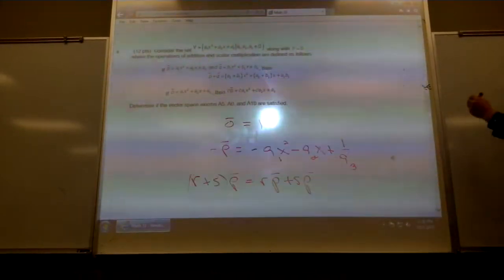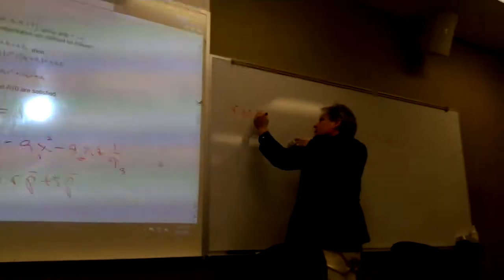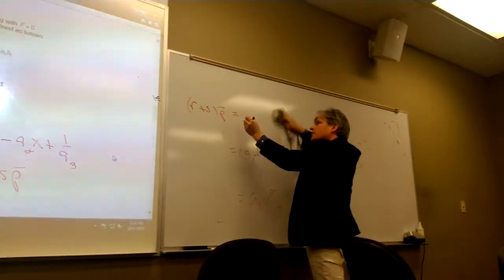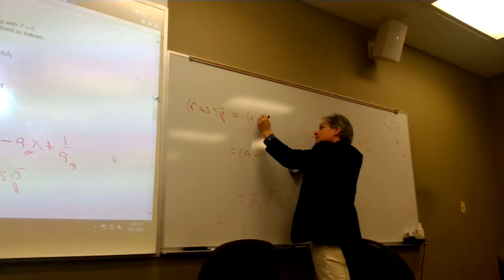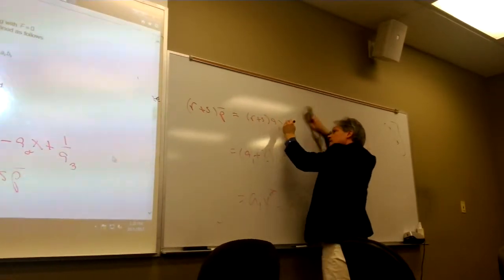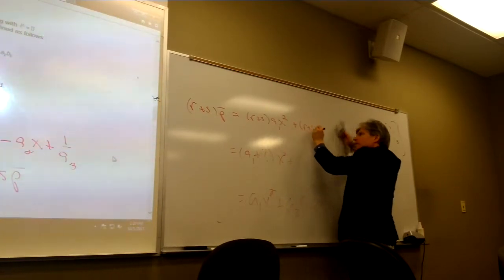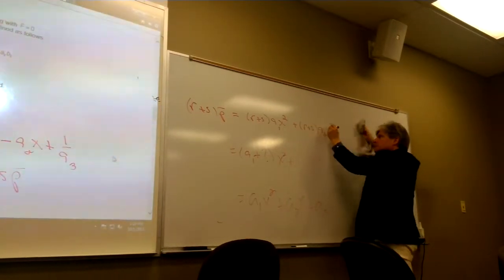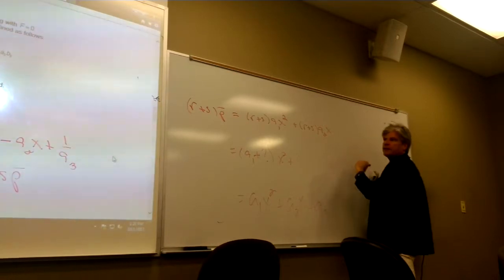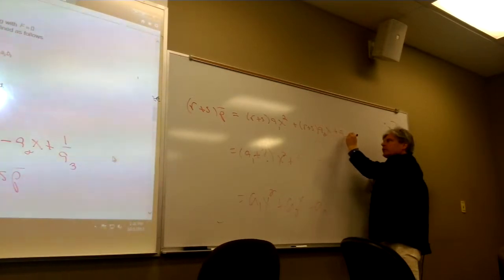If I take a peek at the left-hand side, R plus S times my P bar, isn't that going to give me R plus S times A1x squared plus R plus S times A2x, and then finally plus my A3?